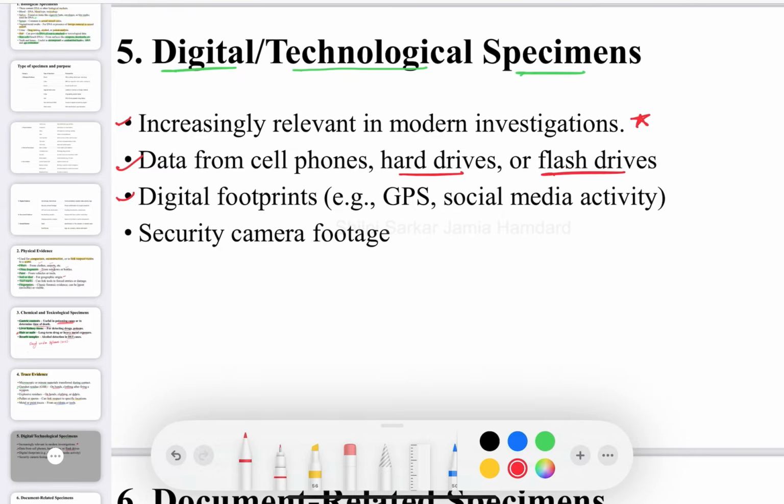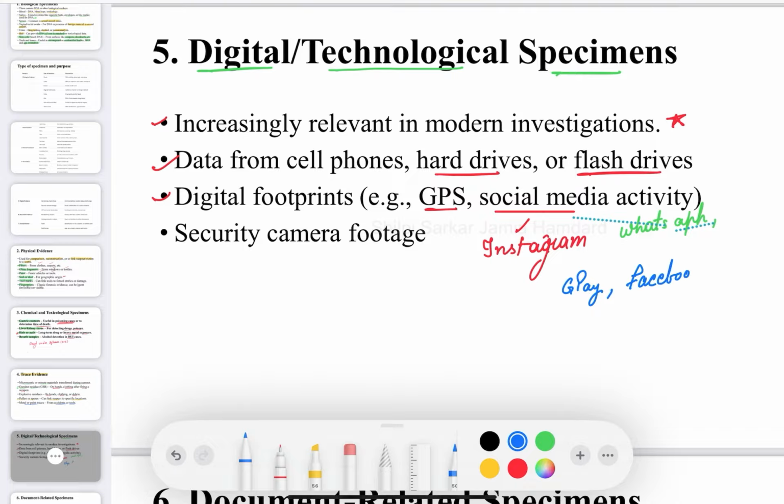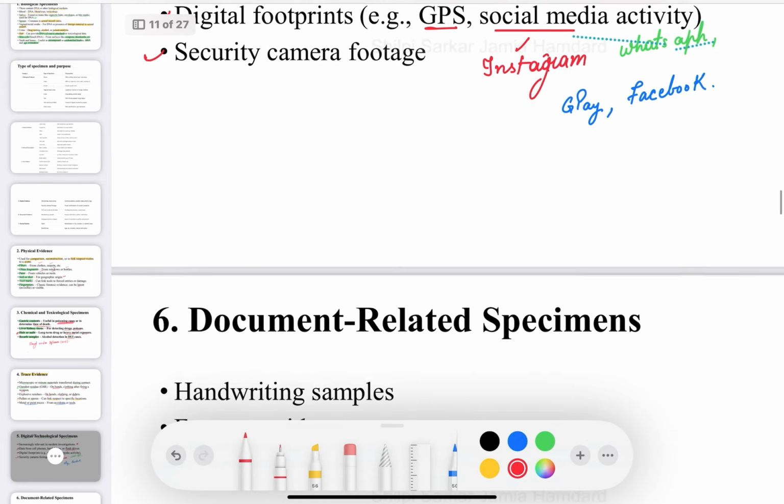Evidence can be digital footprints, for example GPS trackers, social media platform activity like Instagram, WhatsApp, GPay, Facebook, etc. And last can be security camera footage. It can be evidence if recorded in the camera.